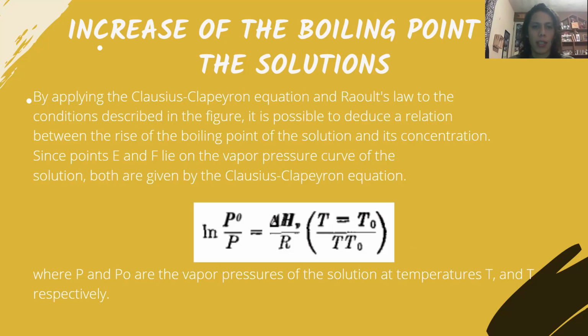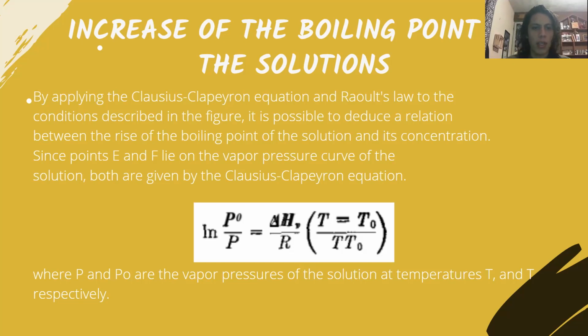By applying the Clausius-Clapeyron equation and Raoult's law to the condition described in the figure, it's possible to deduce the relation between the rise of the boiling point of the solution and its concentration.